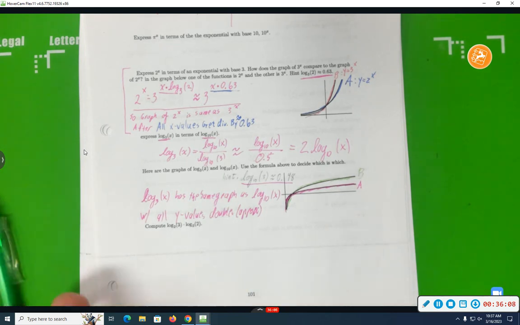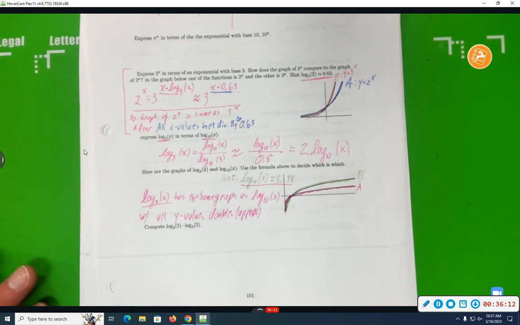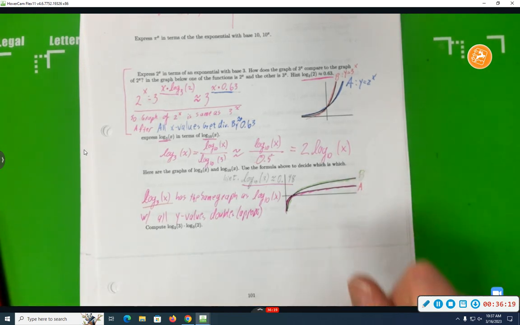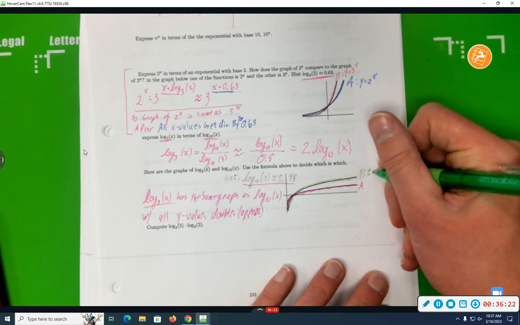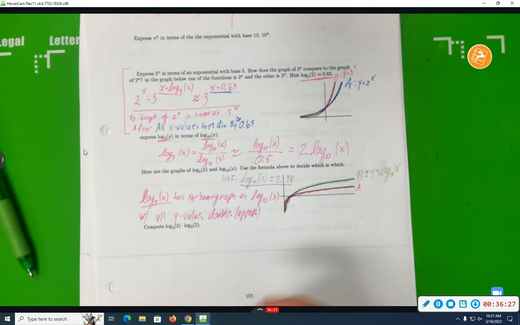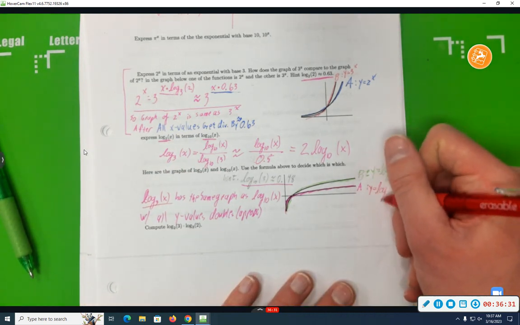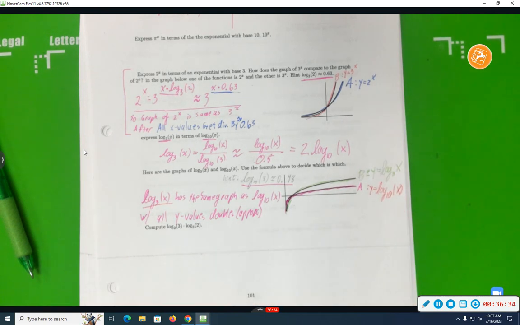Now let's see. So log base 3 should be the one that's had all of its y values doubled. So B will be y equals log base 3 of x. A will be y equals log base 10 of x. So it looks like all of the logarithm graphs will be the same, just stretched vertically by different factors.